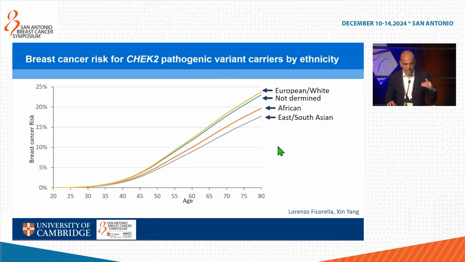Despite the fact that the relative risks are similar, because the incidences are different across the different ethnic groups, the absolute risks of developing breast cancer will be different for carriers of pathogenic variants from different ethnic groups. So, for example, here in the case of CHEK2 carriers, if they are white, the risk will be predicted to be around 24% by age 80, compared to 17% for those of Asian ancestry.